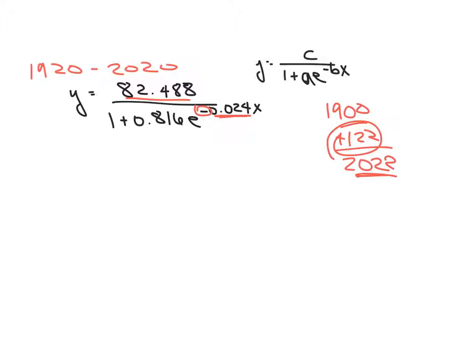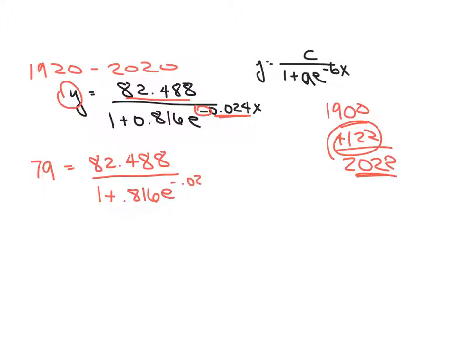All right, so y is actually going to be 79. So 79 is what we're looking for. A lot of decimals and junk in here, isn't there? All right, so there is my formula for this. So what do we do with this?